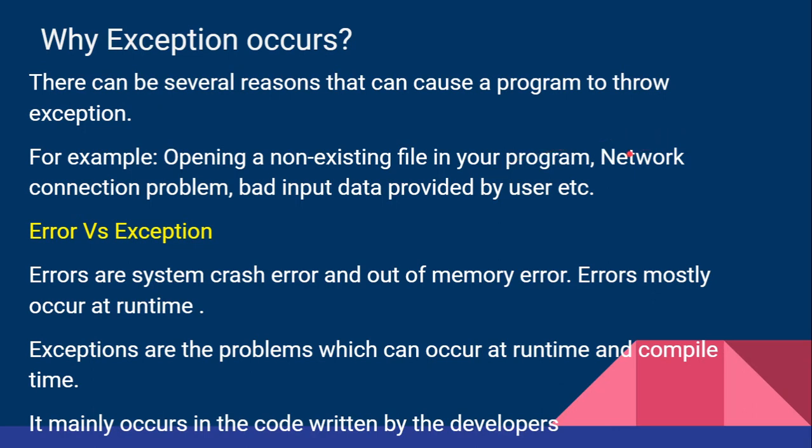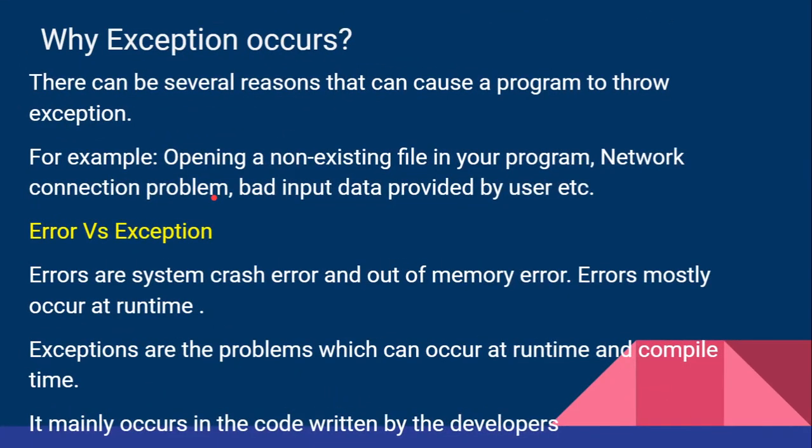Another is a network problem: there may not be any connectivity while you are passing some data from one machine to the other machine, a connection problem. And bad input data provided by the user. Suppose the input given by the user may cause some exception, that is called bad input data provided by the user.